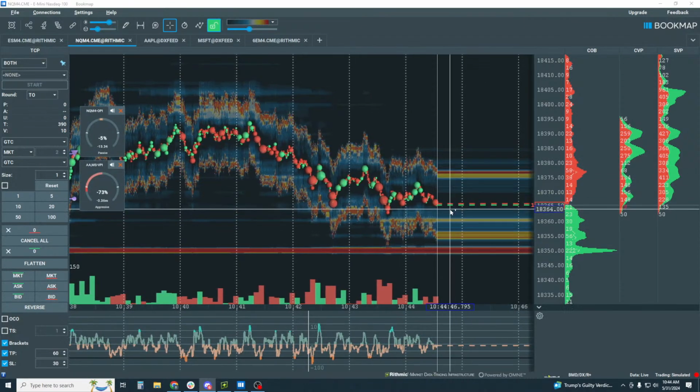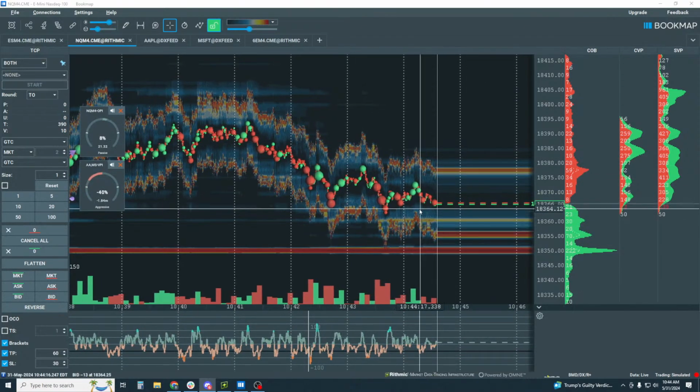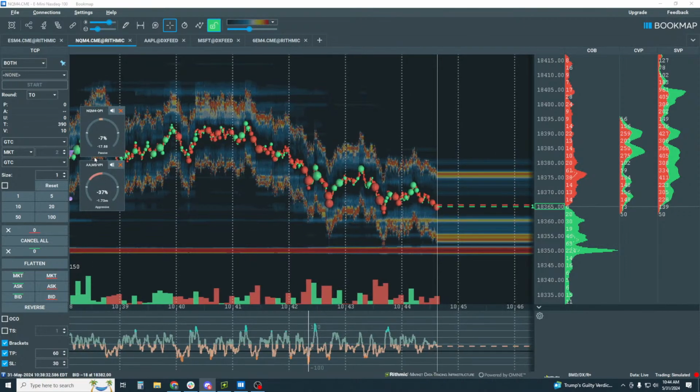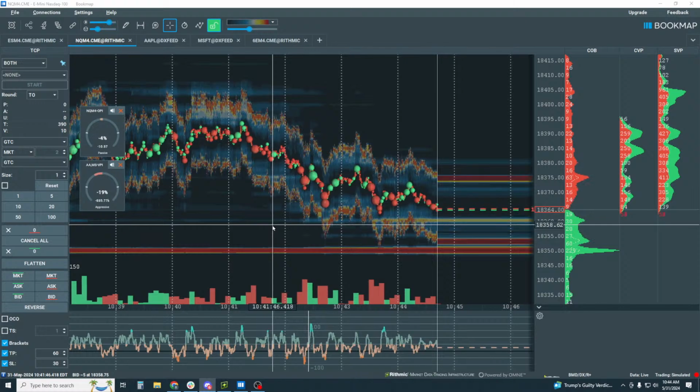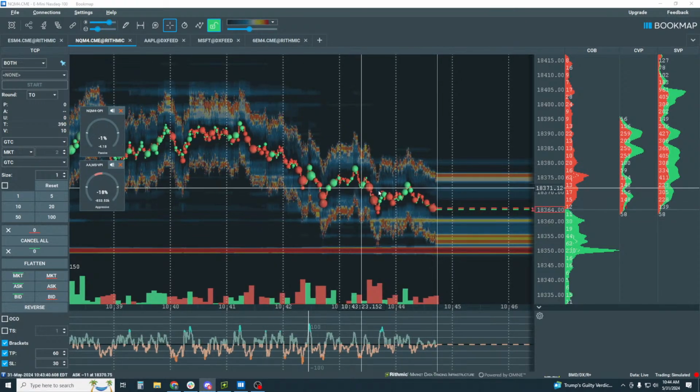It's probably going to be too late by the time we get that. But we're waiting for the signal here. It kind of keeps us out or away from it.